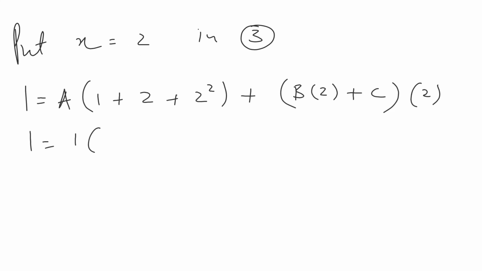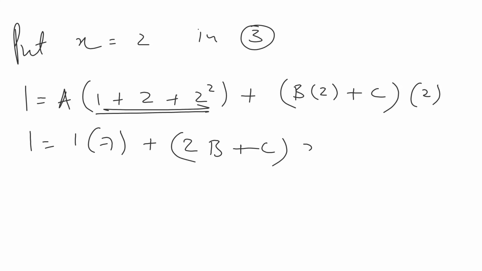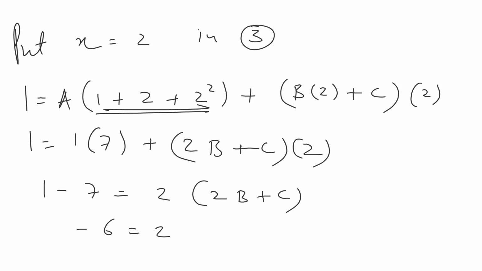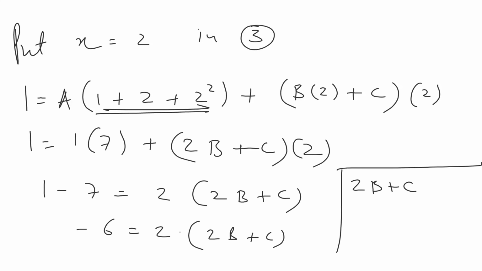So this thing is 4 plus 2, 6 plus 1, 7, plus 2 into 2B plus C. So 1 minus 7 is equal to twice 2B plus C. Minus 6 is equal to twice 2B plus C. So 2B plus C is equal to minus 3. Let this be equation number 5.